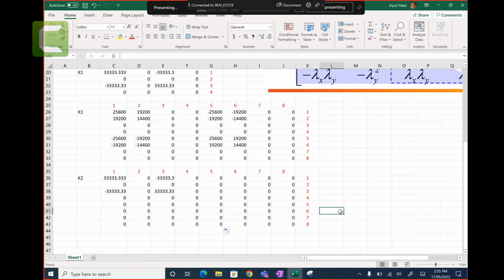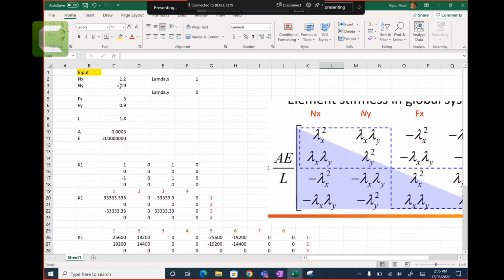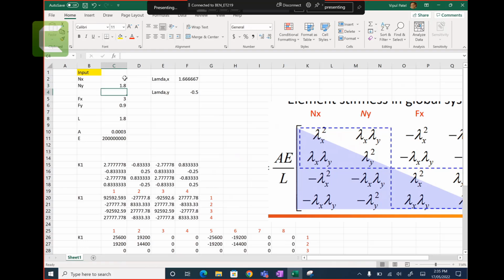K3. NX zero. NY 1.8. And 1.2, and 0.9. The length is 1.5, I believe.